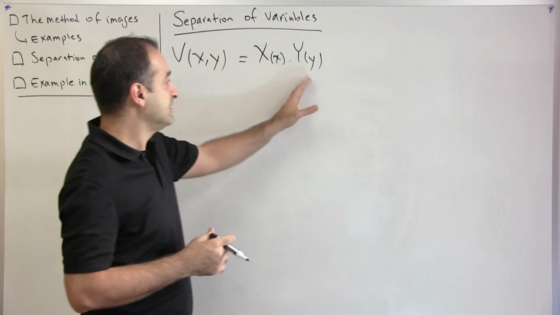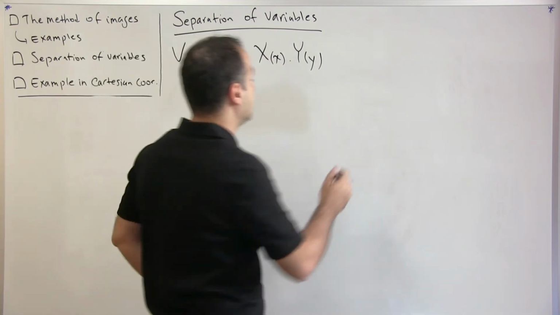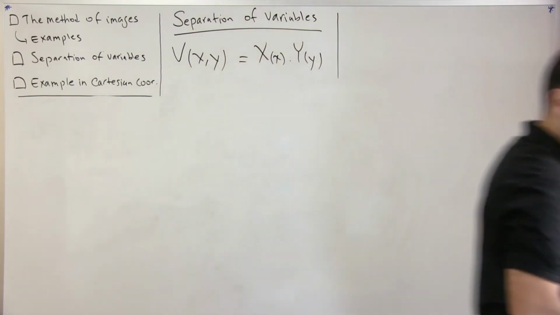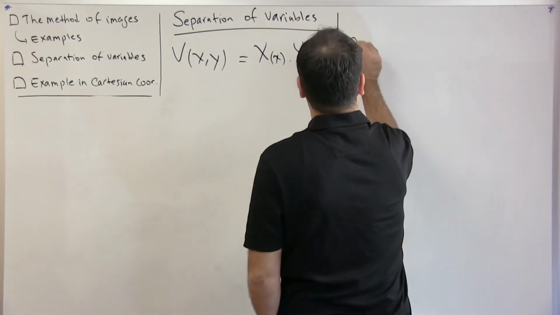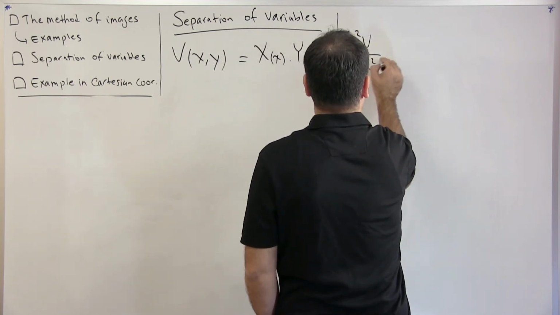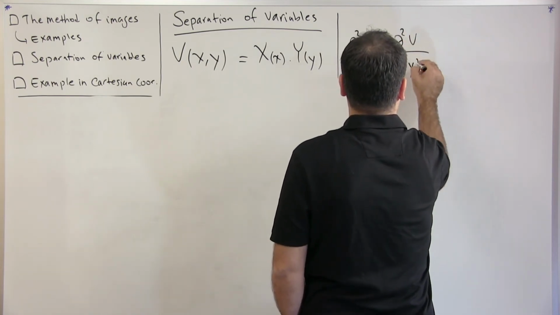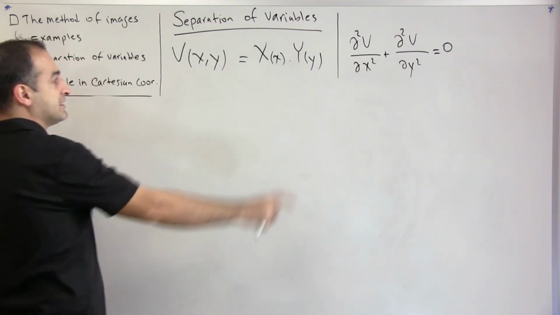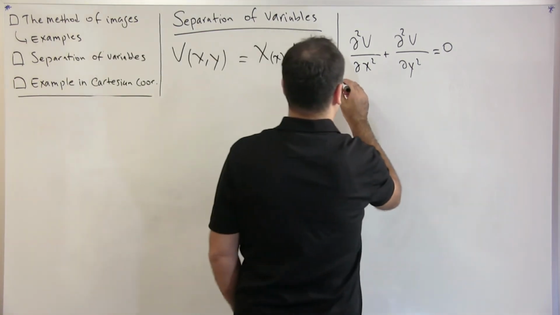Once you separate these two, then Laplace's equation becomes interesting. For the case that we have two variables, the equation is the partial derivative of V over dx squared plus the partial derivative of V over dy squared is 0. Now let's separate x and y and see what we get.